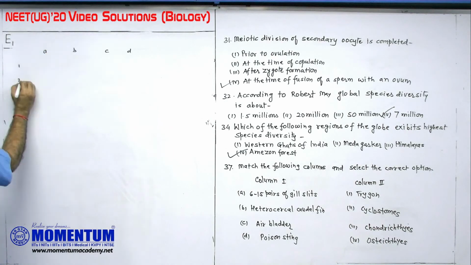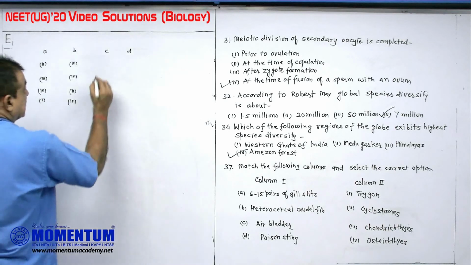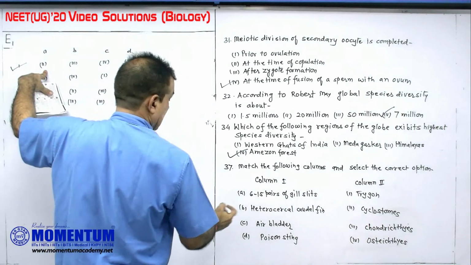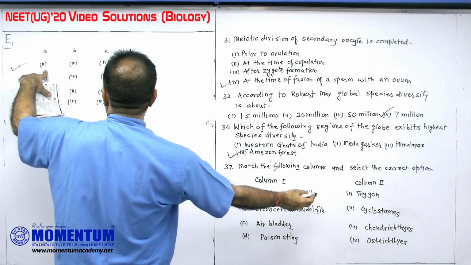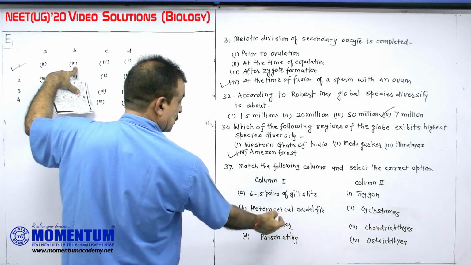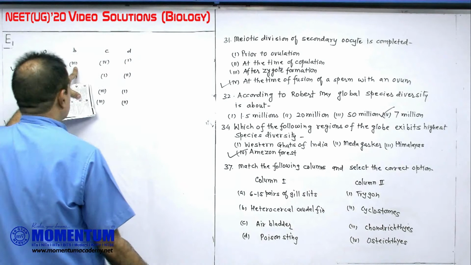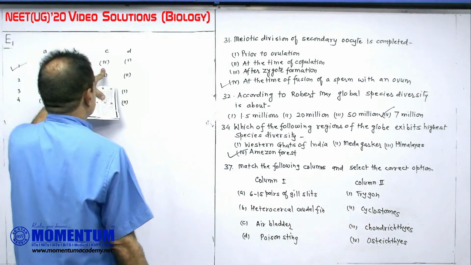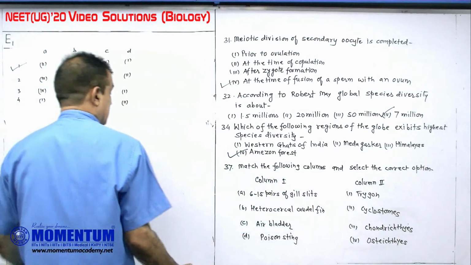First option is correct. A matches with 6 to 15 pairs in cyclostomes, B heterocercal caudal fin is chondrichthyes, air bladder is present in osteichthyes, and the poison sting is present in Trygon.